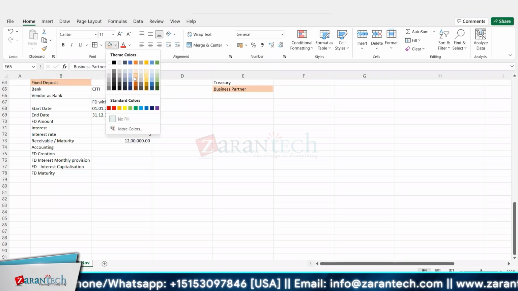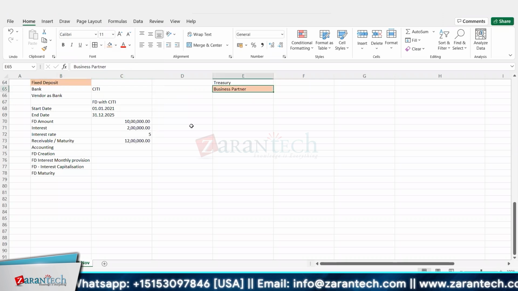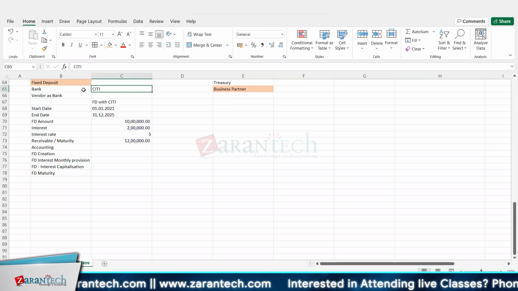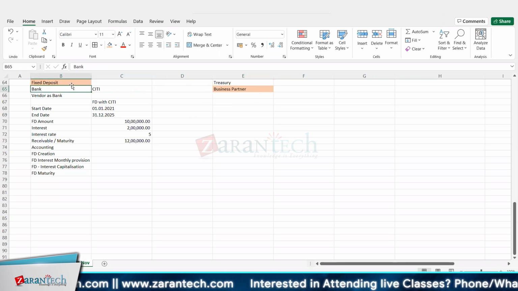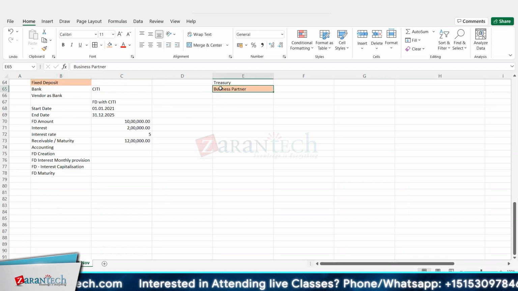So if you have started working on SAP S/4HANA latest version, then your customers, suppliers are also called the business partner. But if you are still working on SAP ECC, that's the older version, then the treasury suppliers or customers, you can say, those are called the business partner here.